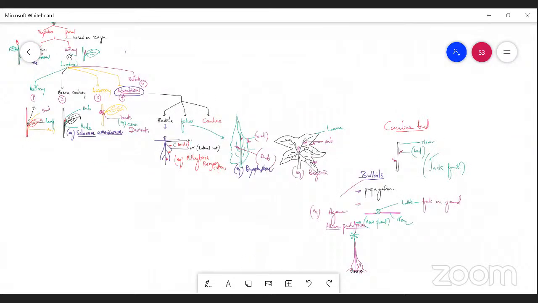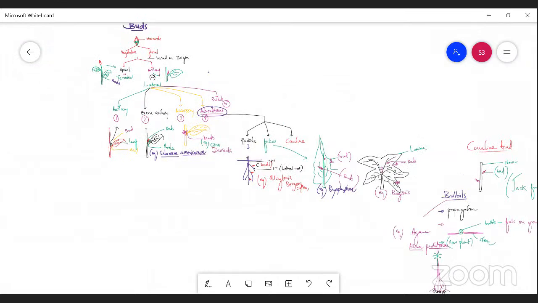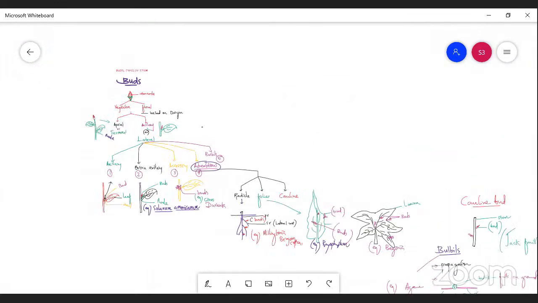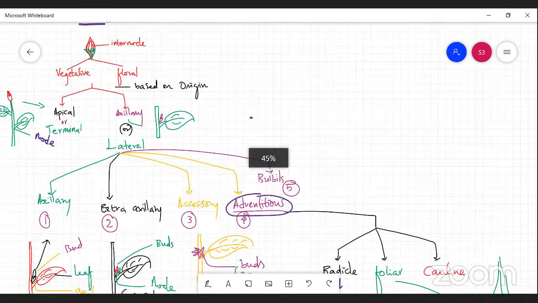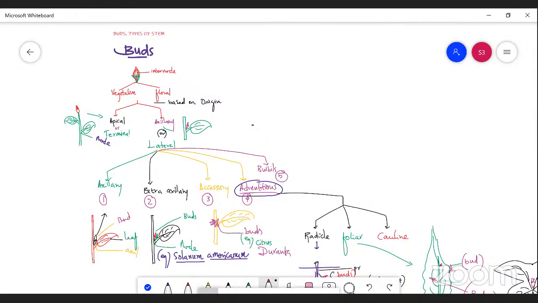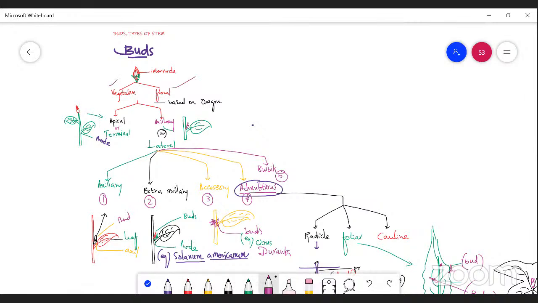Generally, buds are classified into two types based on nature. They are vegetative buds and floral buds. Vegetative buds are the part which arises from the plant body, either terminal or axillary, to form a shoot system, branches or leafy structure.